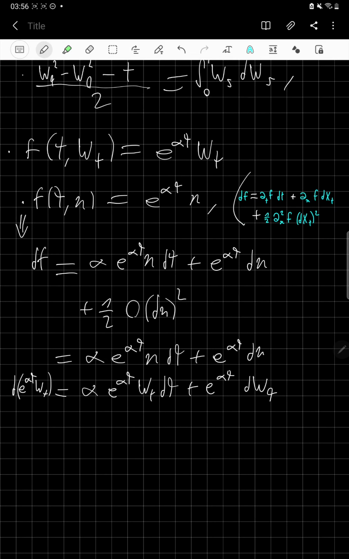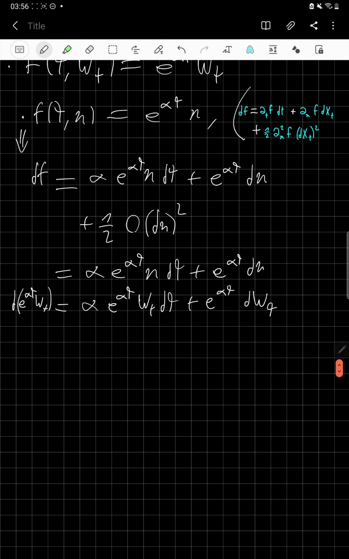Can we conclude anything cool from this? We kind of can, somewhat. Another way of expressing this is that we have a process that is a solution of the differential equation alpha Xt dt plus e to the alpha t dWt. That's relatively cool.